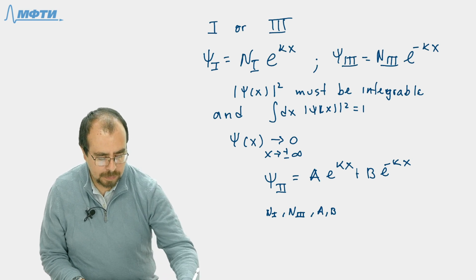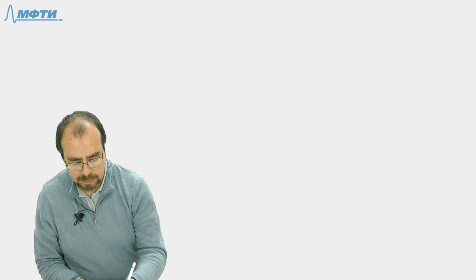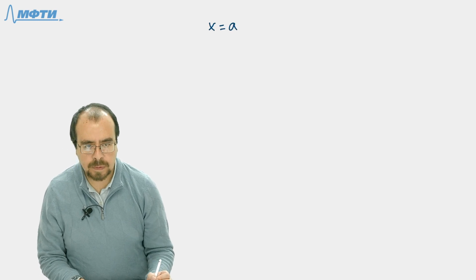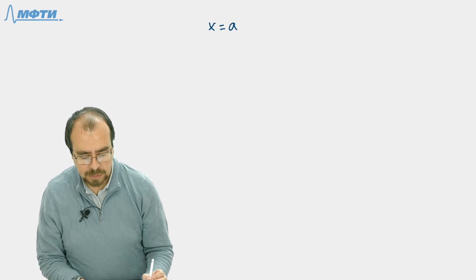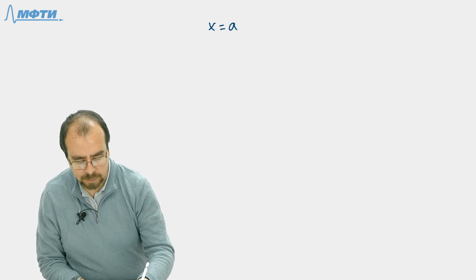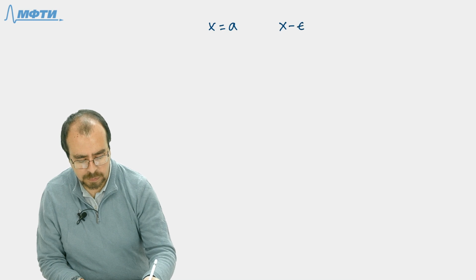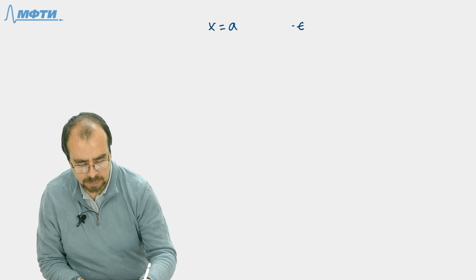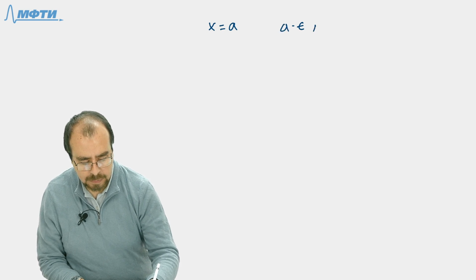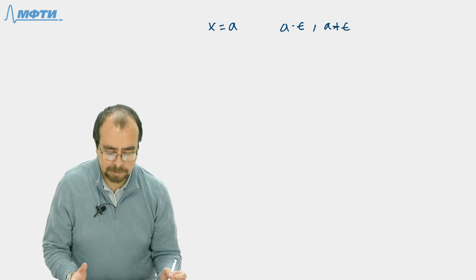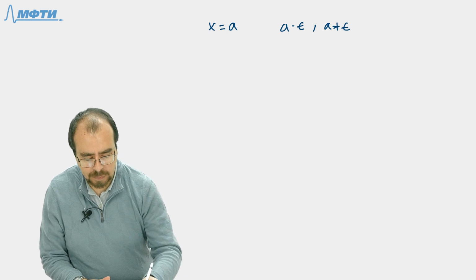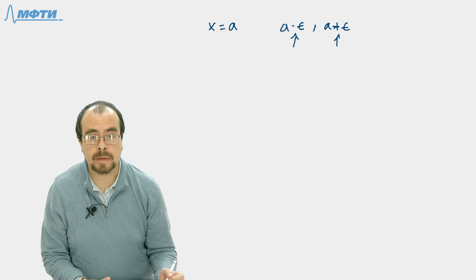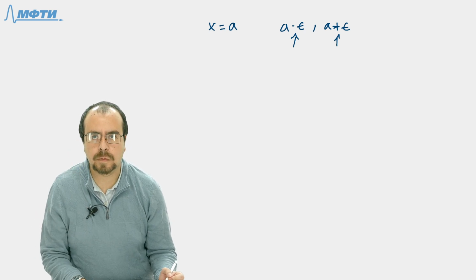So, for example, if we are located at x equal to a, we know that the probability to find the particle just before, at a minus epsilon, and a plus epsilon, the probabilities here and here must be continuous if epsilon goes to 0.